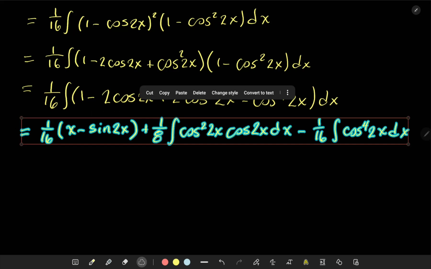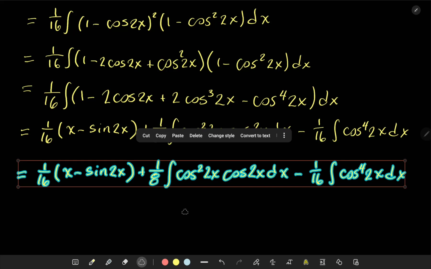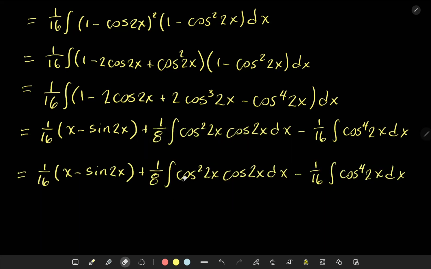All right, so copy, I'm going to paste it here, paste. And what I want to change is this cosine squared. I'm going to have to write a little bit small, but it's okay. That cosine squared is going to become 1 minus sine squared of 2x. You see I changed that one right there.